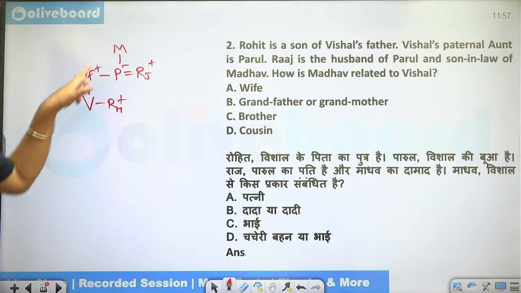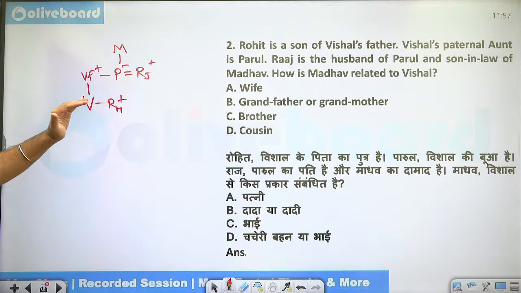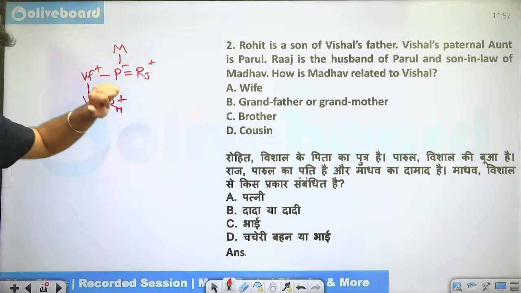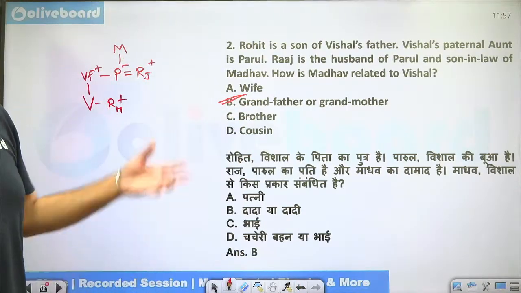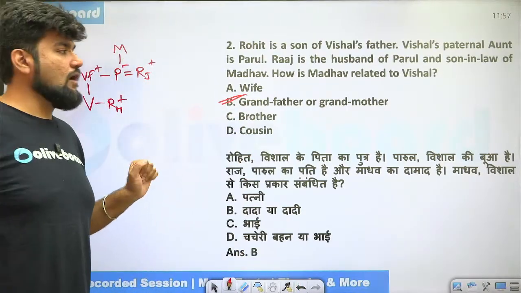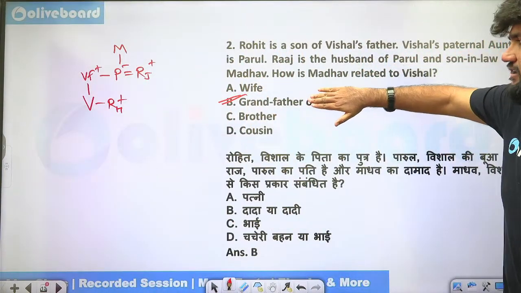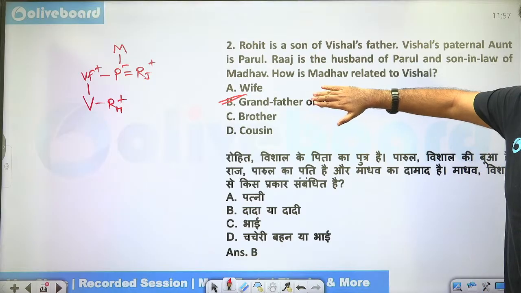How is Madhav related to Vishal? Neither do I know his gender nor her gender. But I know that he is the parent of Vishal's father, either grandfather or grandmother, correct? That is option B, grandfather or grandmother. Madhav can be male, Madhav can be female. Even if the 4 options had been the same, I would have chosen B only, because only option B satisfies the answer.